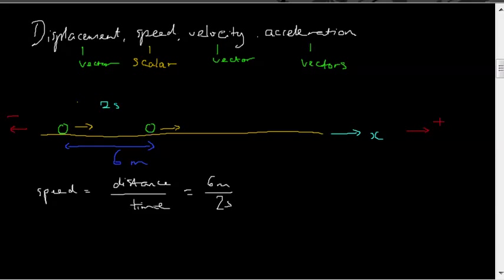The answer is 6 over 2 equals 3, and meters over second we would just write as meters per second, or there's another way to write this, which is quite common in physics. We would call it 3 m s to the power of minus 1, which comes from thinking of m divided by s. So that is the speed.